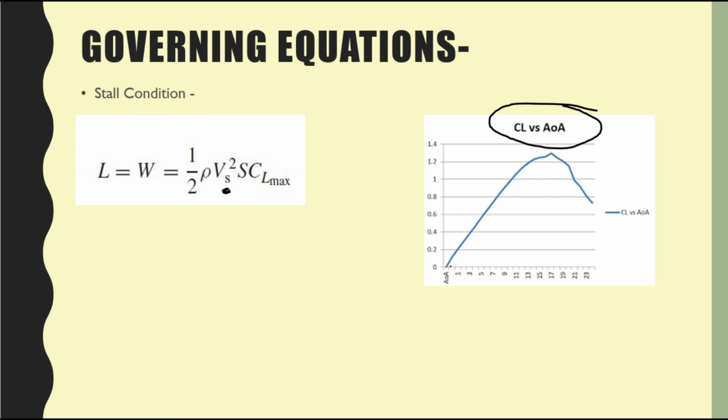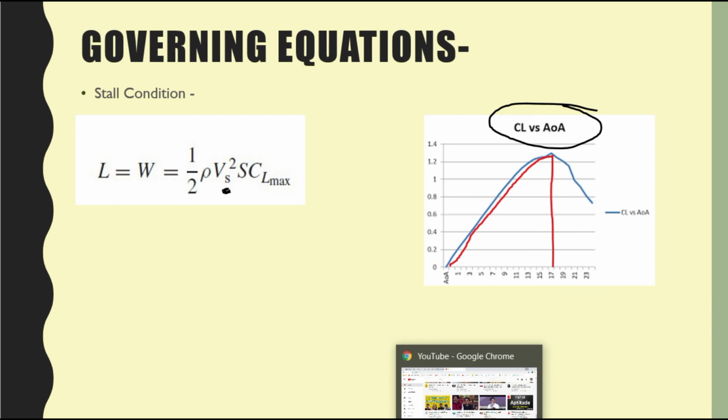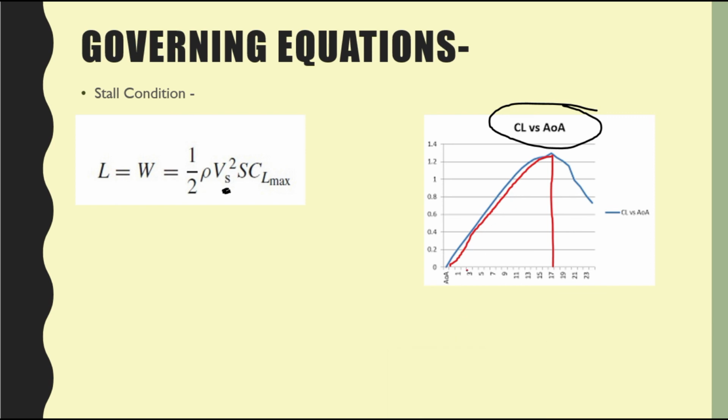As the graph moves from angle 0 to a certain angle which is nearer to 17 degrees, the coefficient of lift is increasing, which means that if we keep the speed, density and area constant, then the lift is going to increase. So till that angle of attack, the lift is going to increase.